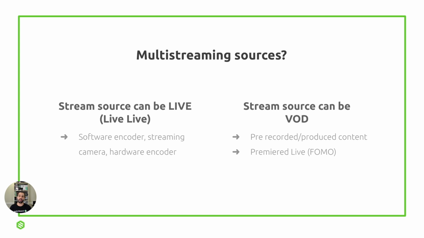You can premiere it in a live fashion, using a live delivery mechanism with a VOD, and that gives you that fear of missing out, and notifies people who want to tune in so they're the first to watch it. So it's the same flow of either being live or using VOD. You can still do that with multi-streaming.